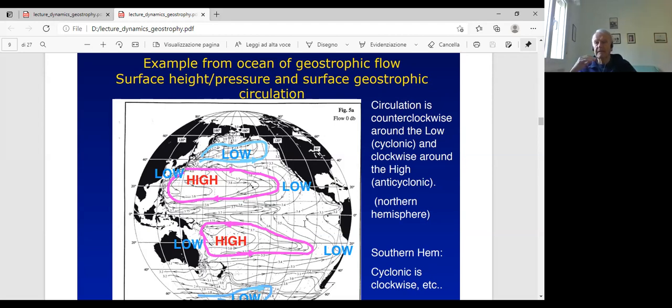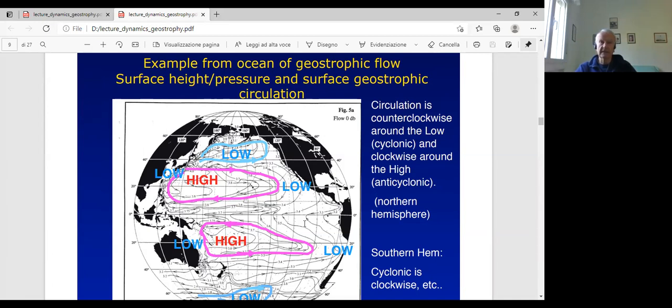These measurements give us every 10 days the whole pattern of the sea surface of the world ocean. That means not only the horizontal distribution of the sea level, but also knowing what the surface geostrophic flow is.